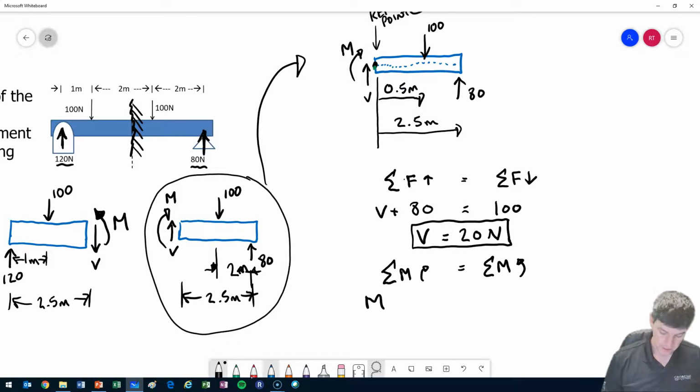Okay. Work my way across. I have the 100, it's also in the clockwise direction. And it's at a distance of 0.5 meters. And complete my way all the way across, and I have an 80 that is going in the opposite direction. So I have 80 at a distance of 2.5.